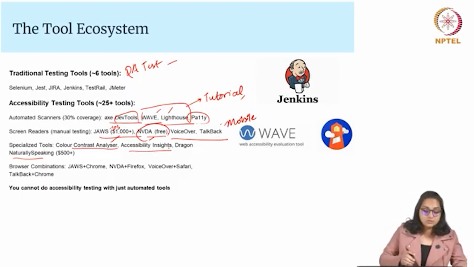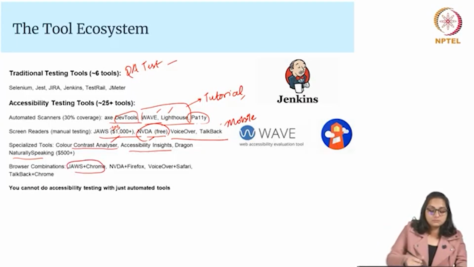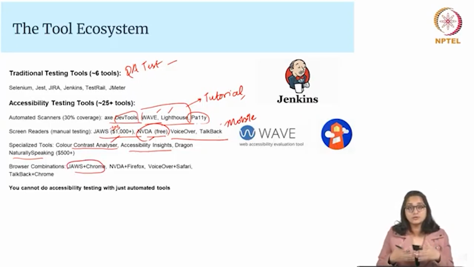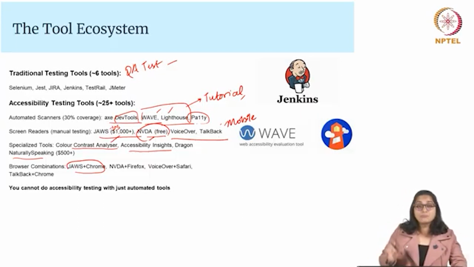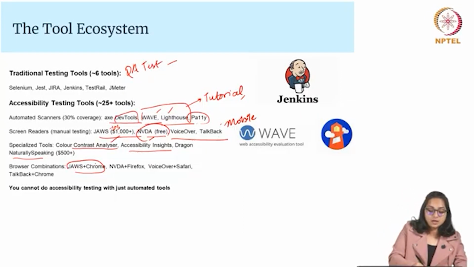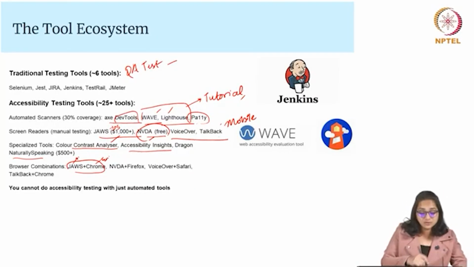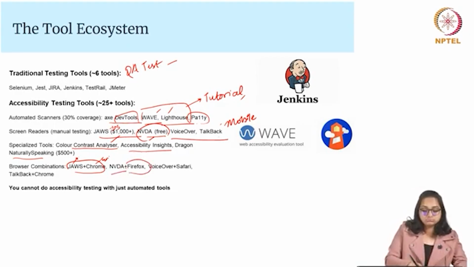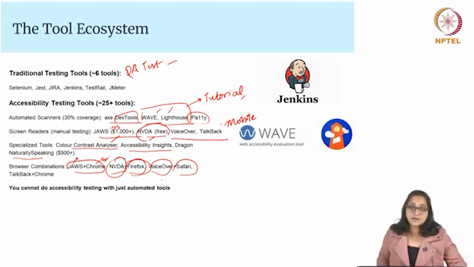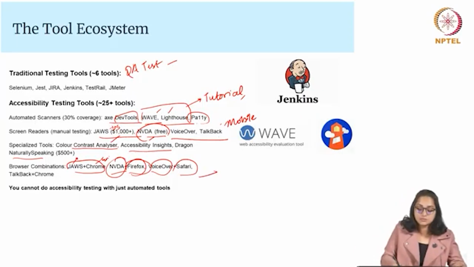Browser combinations, so maybe we can try to run our platform or our website on multiple platforms and multiple combinations. So Google Chrome along with an iOS-based screen reader, or a free screen reader with Firefox, VoiceOver with Safari, and all of those things we can try to check in combination, also in order to check the robustness.